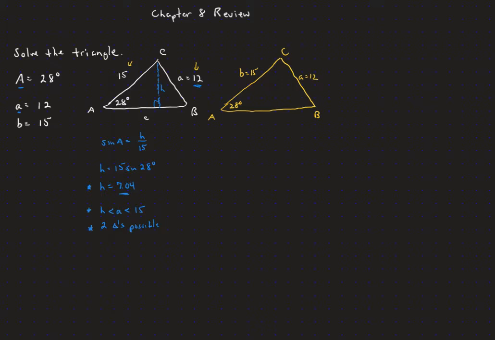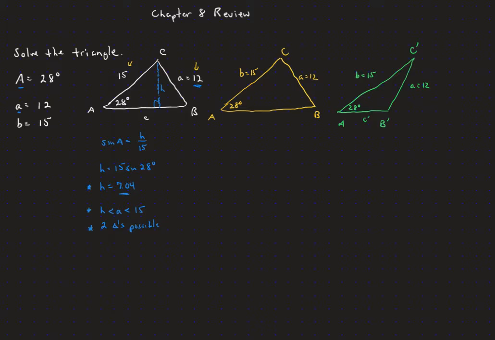The other way we could draw this is so that our angle, I'm going to call it B prime, down here is actually going to be obtuse. Now this A is still 28 degrees. Now this is a different C, I'm going to call that C prime. I'm going to call that little side c prime. This B is still going to be 15, and this A is still going to be 12, but as you can see, we're going to get two very different triangles.